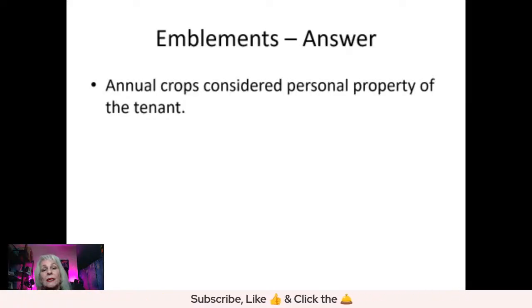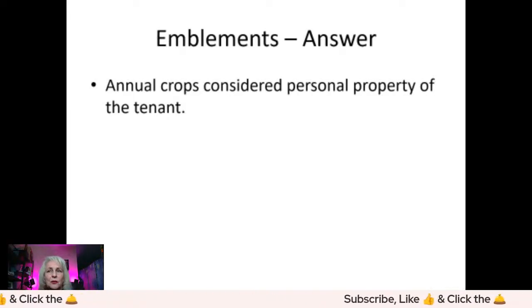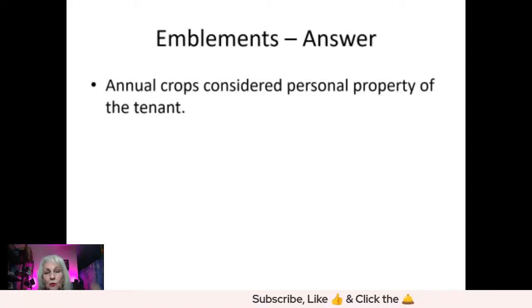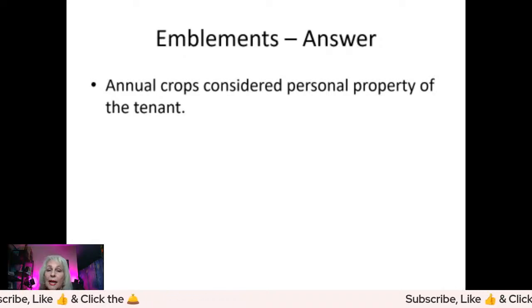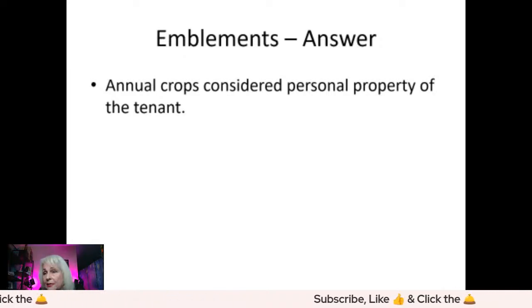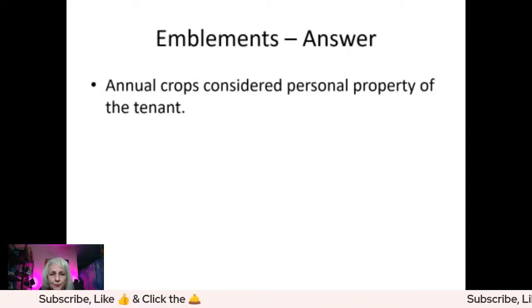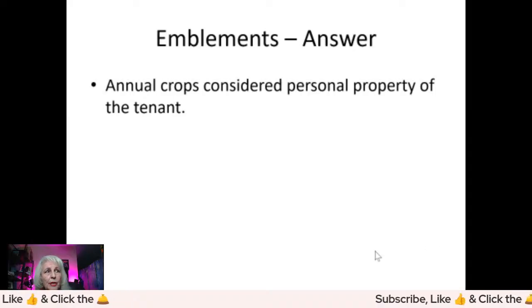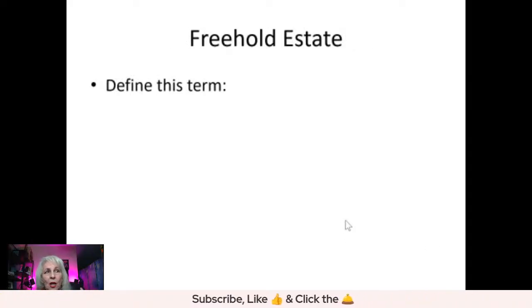Well, they basically are having that lessee, that farmer, maintain their land, because that land has to be cleared after they harvest the crop, and then rowed again and planted with new seeds. So the land is being maintained. They basically want just enough money to pay their property taxes until they're ready to sell it. So those are emblements, annual crops considered personal property.